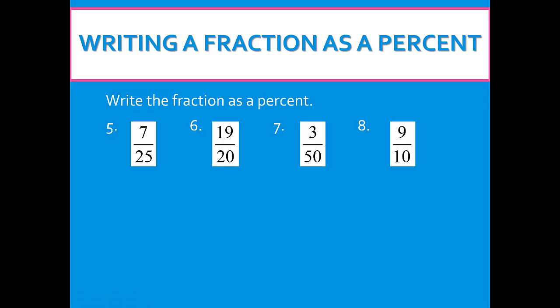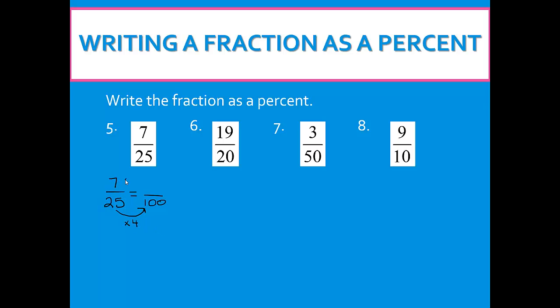Now we're going to write a fraction as a percent. So number 5, we have 7/25. Percents are always out of 100. So I want to write an equivalent fraction that has a denominator of 100. So I'll start with 7/25, and I want to write something that's equal to that fraction that has a denominator of 100. 25 times 4 is 100.